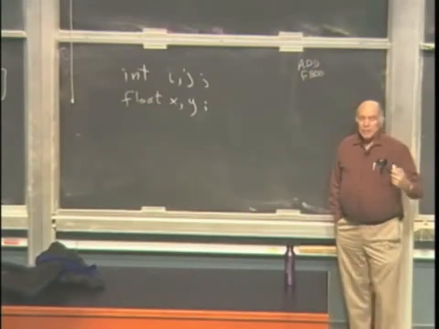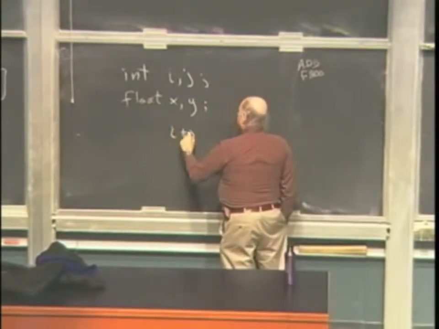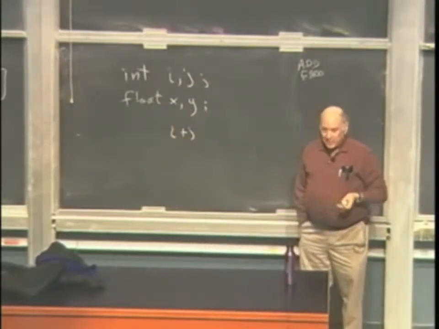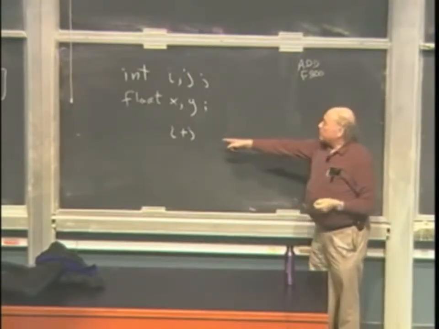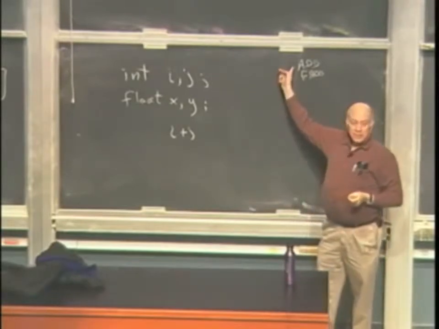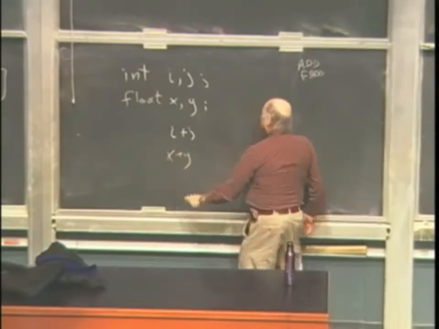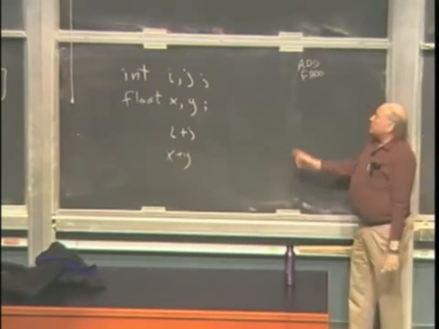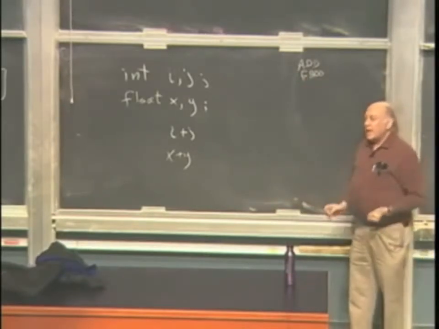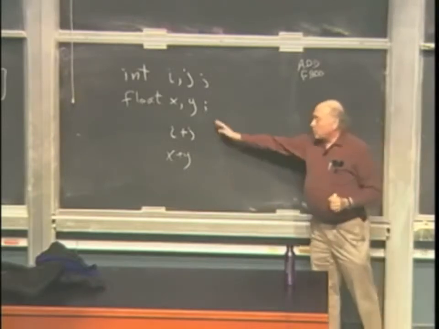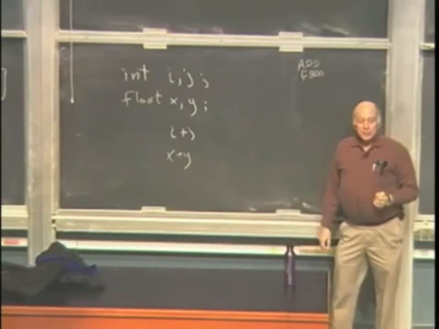Because of these declarations, if you say I plus j, the compiler for Java or C++ or whatever it is you learned knows that it should do integer add. Whereas if you say x plus y, the compiler knows that it should do floating add. Therefore, at compile time, we already know what kind of arithmetic to do, and we can compile this into exactly the right machine instruction.